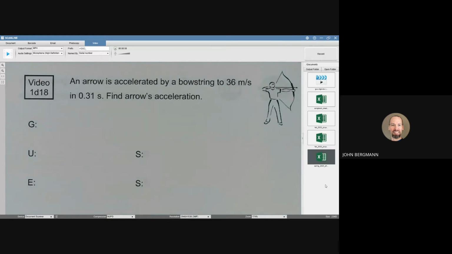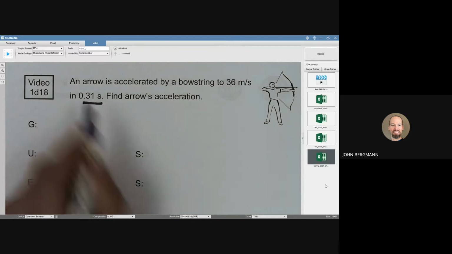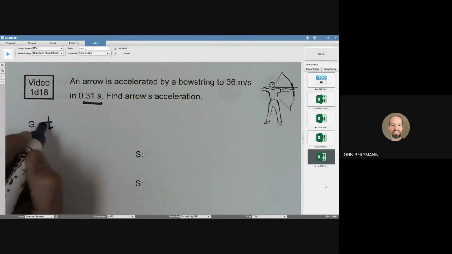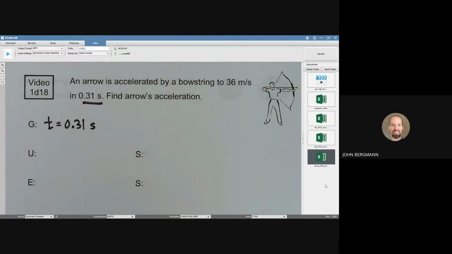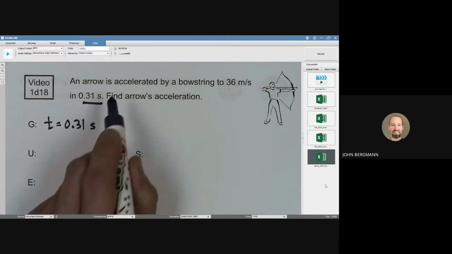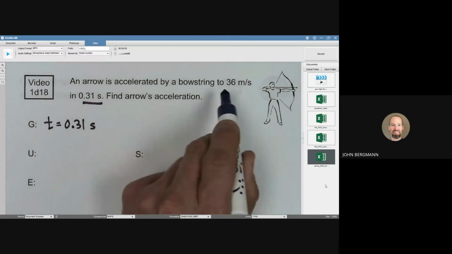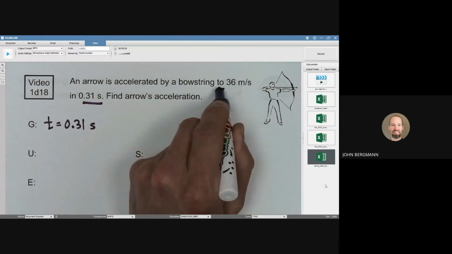An arrow is accelerated by a bowstring to 36 meters per second in 0.31 seconds. Find the arrow's acceleration. Let's start with the givens. That looks like a time to me, so we'll write that down. It's accelerated by a bowstring to this. That's an important word there.